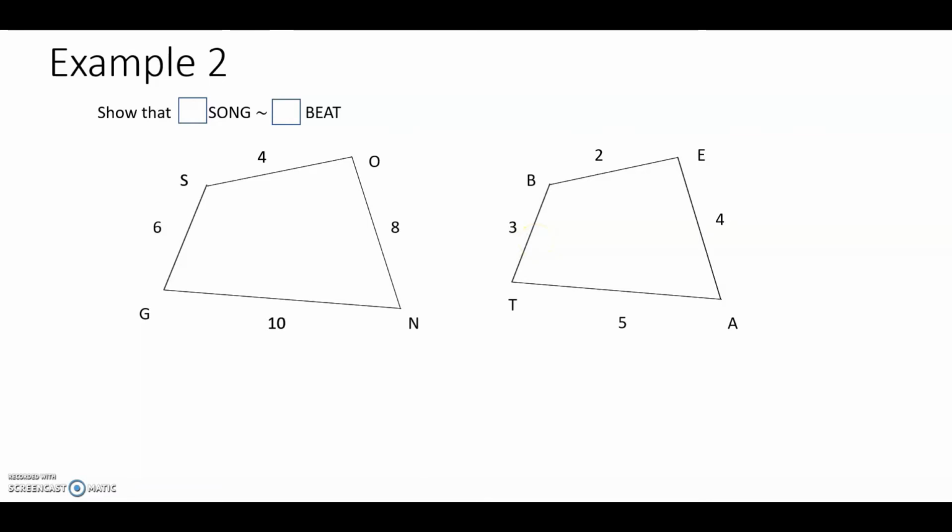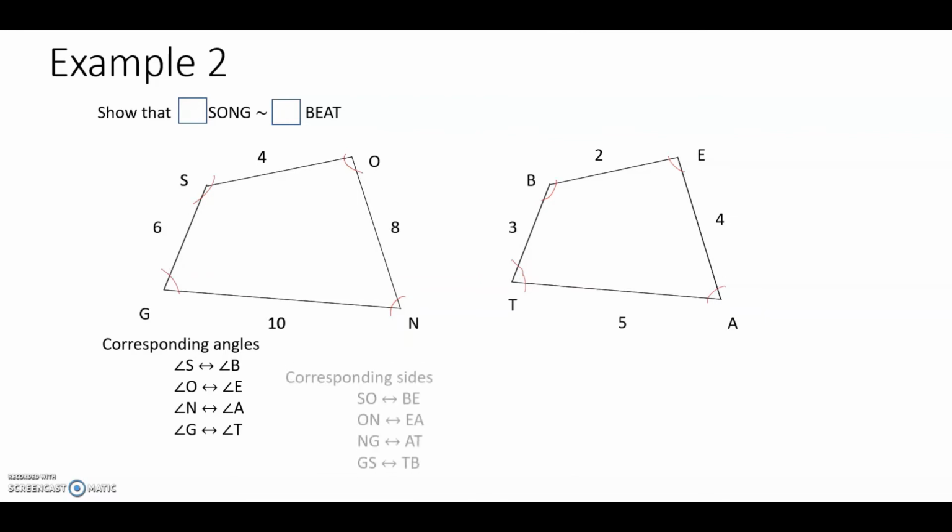Again, first is to write the corresponding angles. Angle S corresponds to angle B, angle O corresponds to angle E, angle N corresponds to angle A, then angle G corresponds to angle T. So the corresponding angles here are congruent.